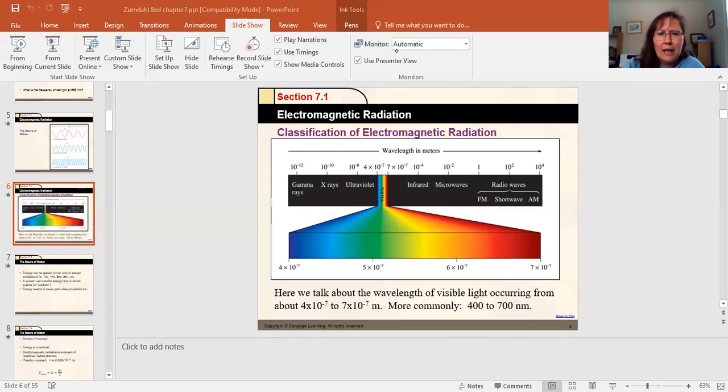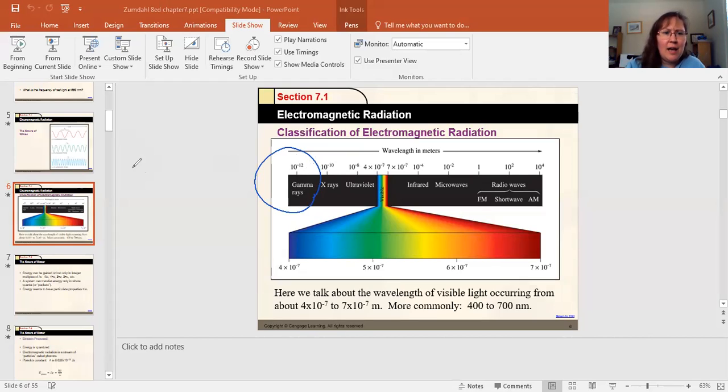So let's go ahead and take a look at a couple things here. First of all, down here on the end, you'll see that it says gamma rays. And the gamma rays, you'll see this little 10 to the negative 12th.